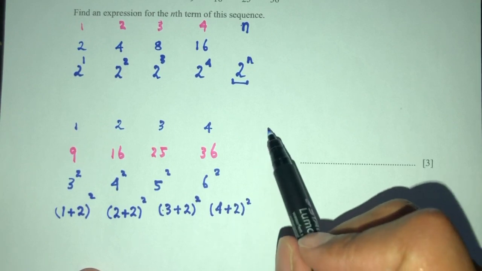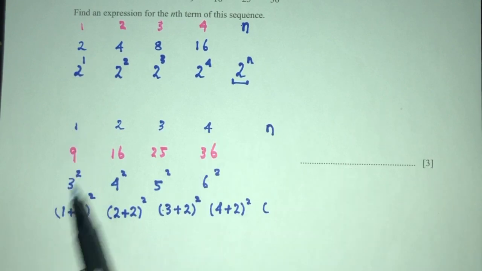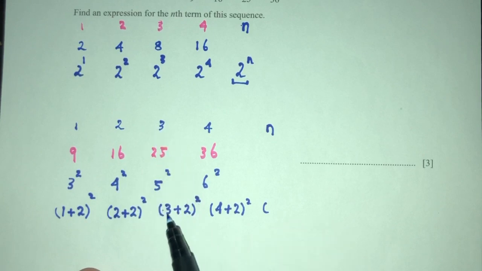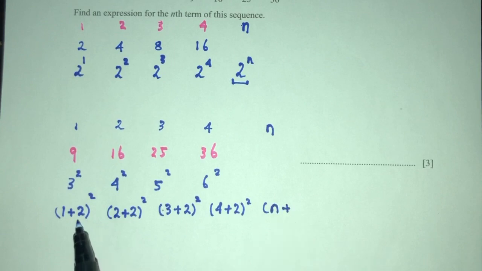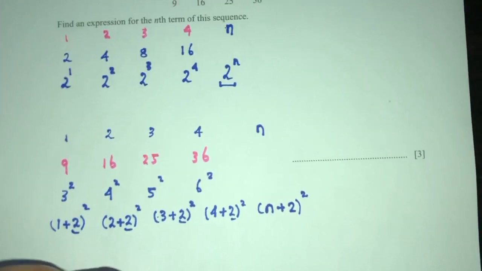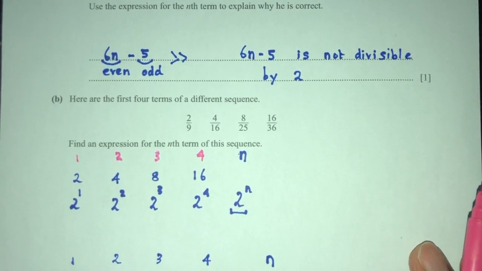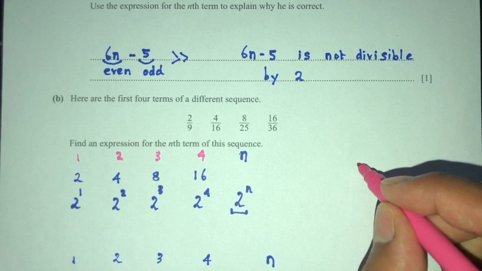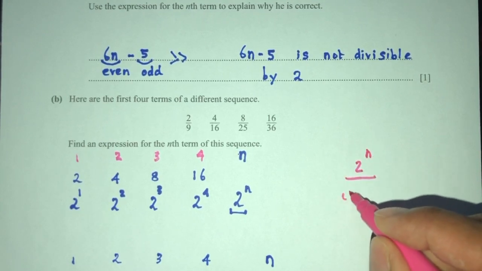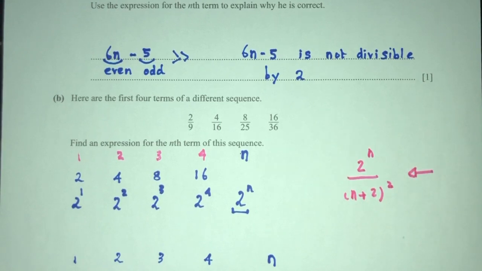If this was n, it will be n as well, plus 2 at the end, and we have square on everything. So that will be the nth term for the denominators. Now, let's combine them. On top you will have 2 power n, on the bottom you will have n plus 2 squared. That will be part B of your question.